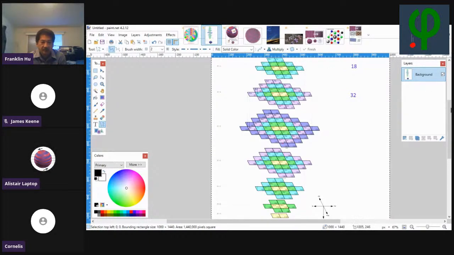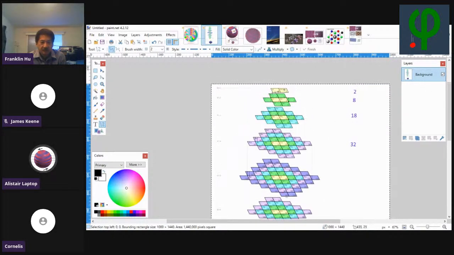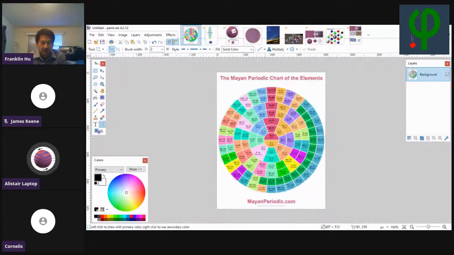So this is the 2 orbital shell, the 8 orbital, the 18, the 32. You see it splits twice, then it splits 8 times, and so on. It's just showing the fracture points. Okay, just a different way of rearranging the elements.